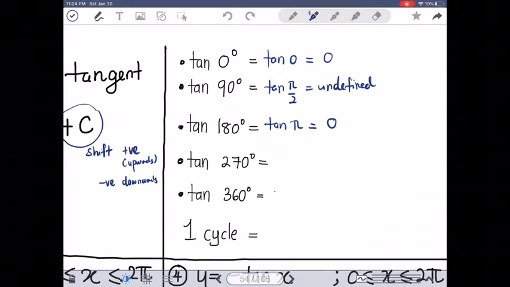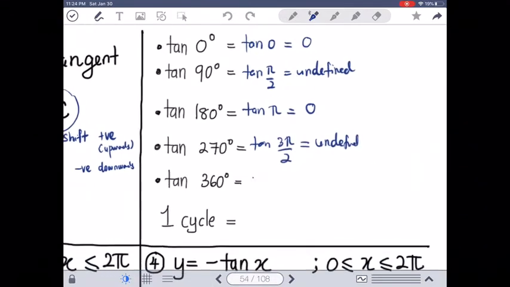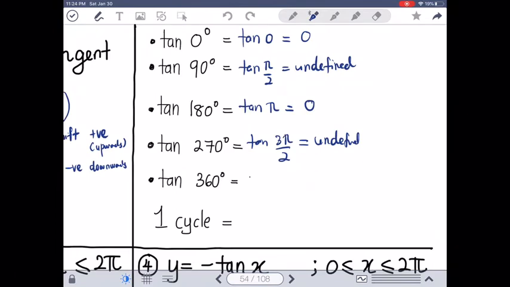Tan 270 or tan 3 pi over 2 is undefined. And tan 360 degrees or tan 2 pi is equal to 0.